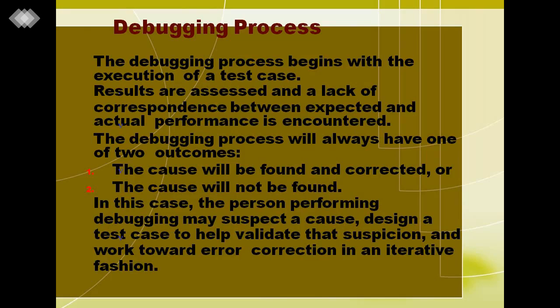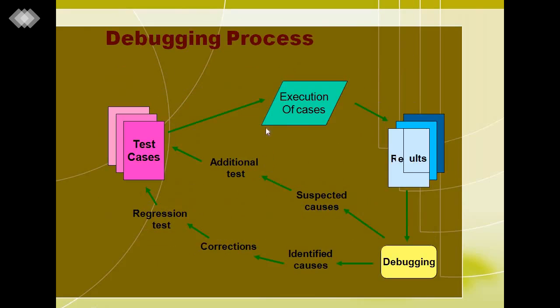In this case, the person performing debugging may suspect a cause, design a test case to help validate that suspicion, and work toward error correction in an iterative fashion. So this is the process which I have told you.